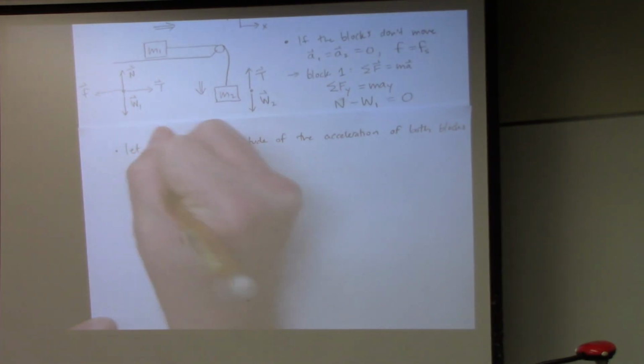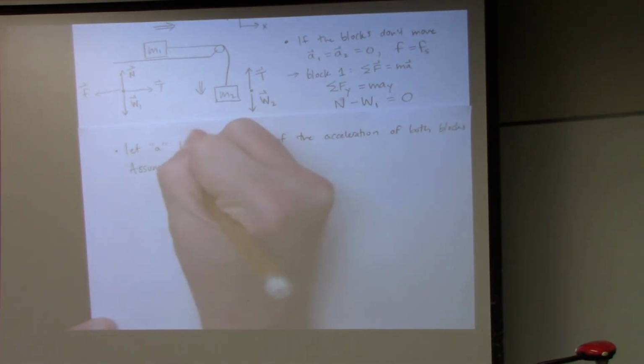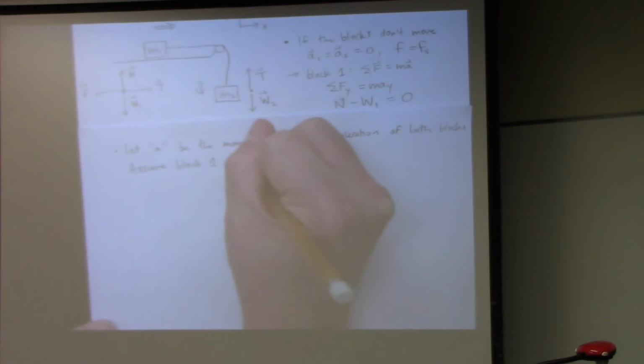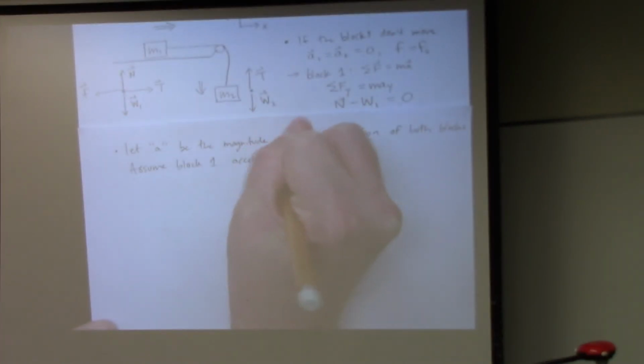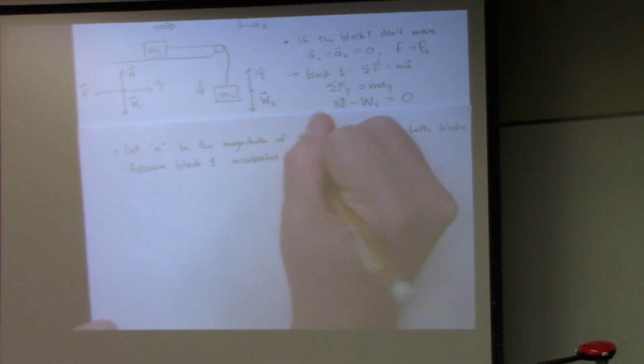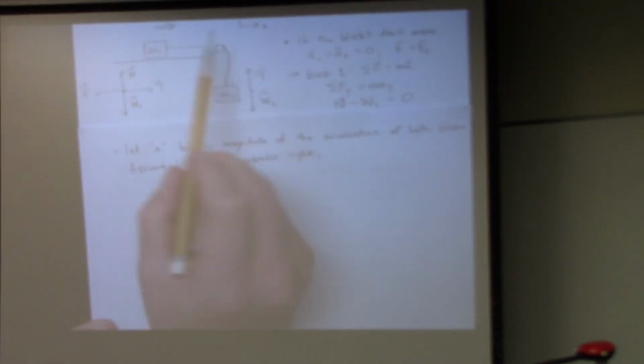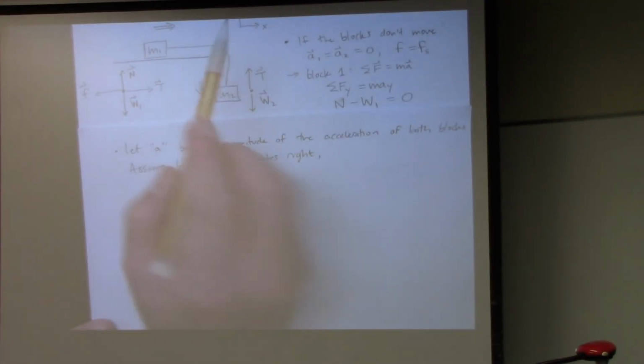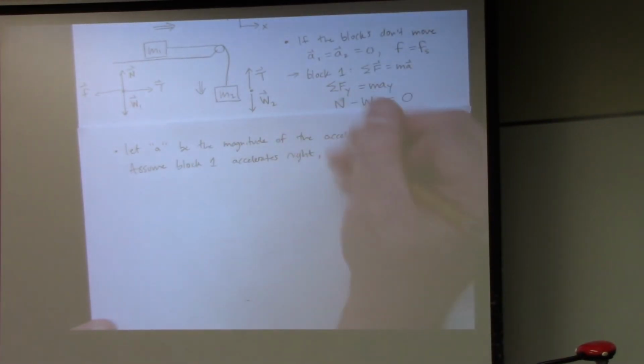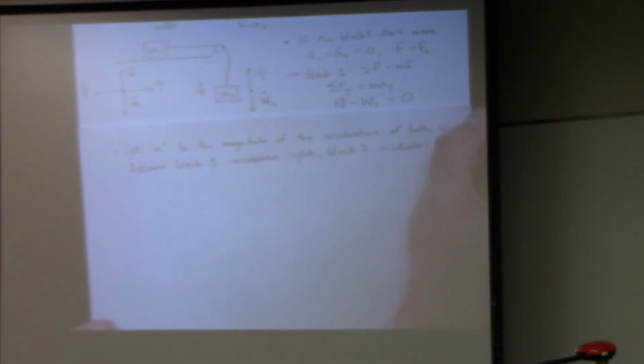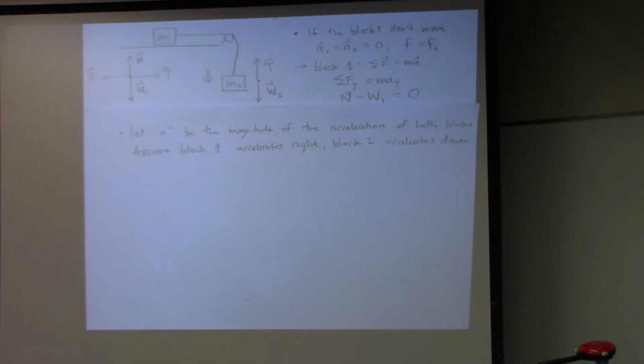Okay? So here, let's start by saying this. Assume block 1 accelerates to the right. So if I have block 1 accelerating to the right, that automatically implies block 2 is accelerating down. Now, we might be wrong about this.